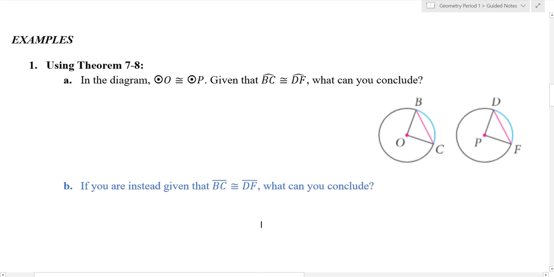I'm going to bring this over here so we can work on it. It says, in the diagram, circle O is congruent to circle P, given that arc BC is congruent to arc DF. What can you conclude? Well, first of all, it says that the two circles are congruent. And if arc BC is congruent to arc DF, we can say that chord BC is congruent to chord DF.